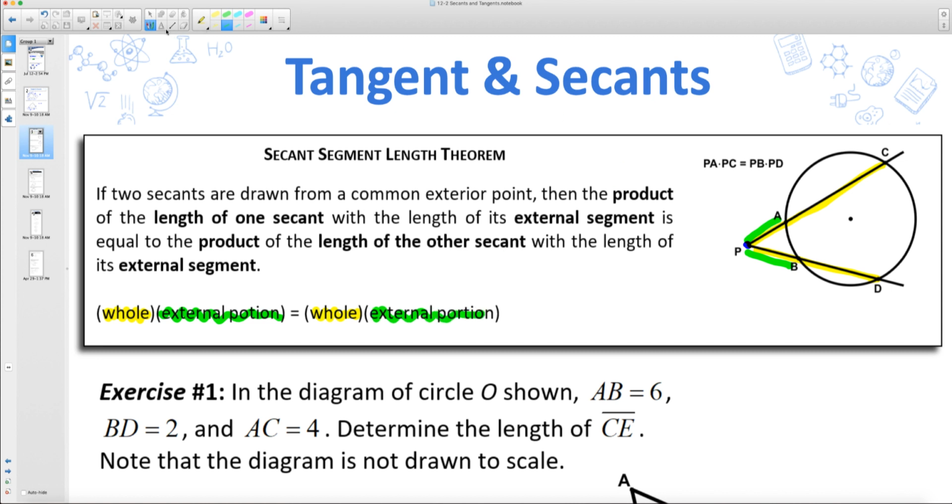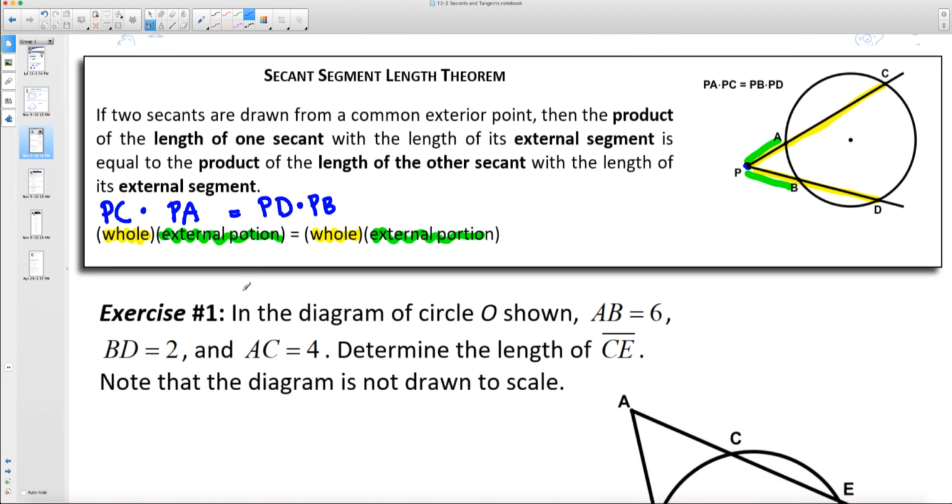So in this case, PC is the whole secant, and the external portion is just PA. That's going to be equal to the whole secant, PD, times the external portion, which is just PB. And that will make them equal.